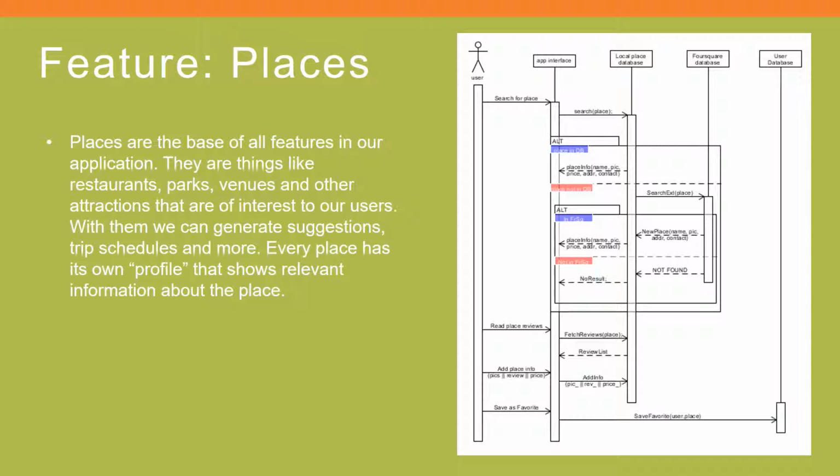Places. Places are the base of all features in your application. They are things like restaurants, parks, venues, museums, and any other attraction. The point of this application relating to places is to filter where this person would like to go based on their preference. For example, imagine that you go to a country full of museums, and there are several types of museums, but you prefer historical museums to modern art museums.